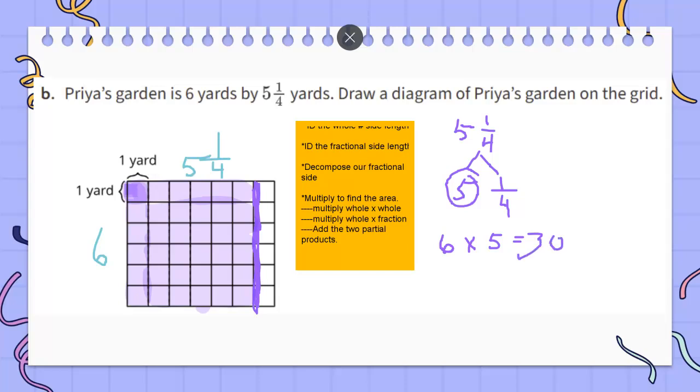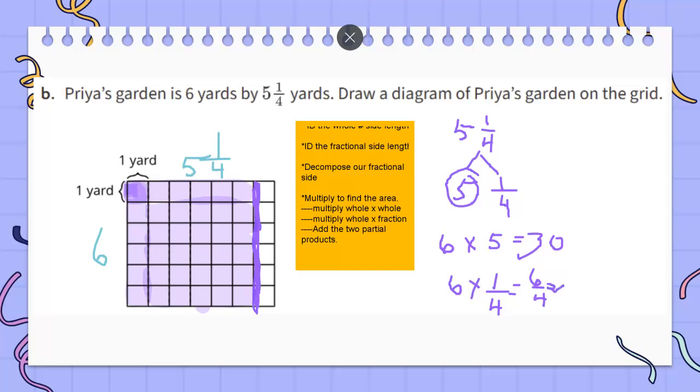And then we will multiply 6 again times our fraction, which is 1/4, and that will give us 6/4. And don't forget, we're going to need to change our improper fraction into a mixed number.